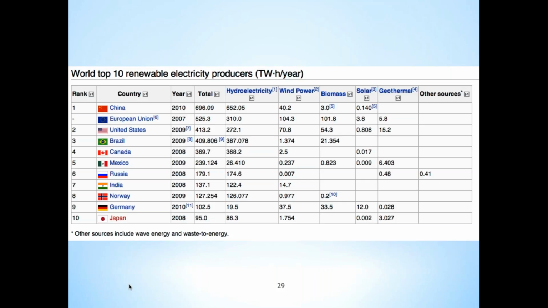So now look at who leads in the world in the deployment of renewable energy. Look who's at the top: China, Brazil. You're beginning to see Mexico in the top, India. And India has been very slow to adopt renewable energy. Part of what they have is such a huge population that helps them be in the lead, even though per capita they have a fairly low renewable energy total.